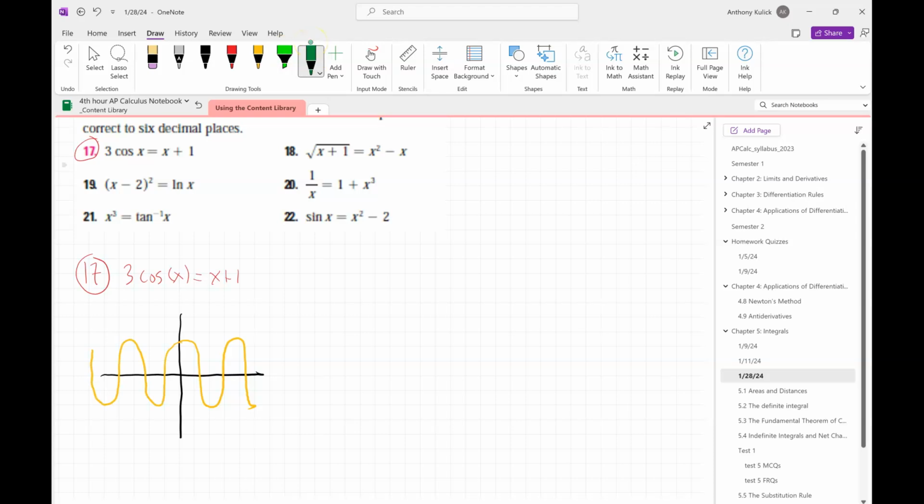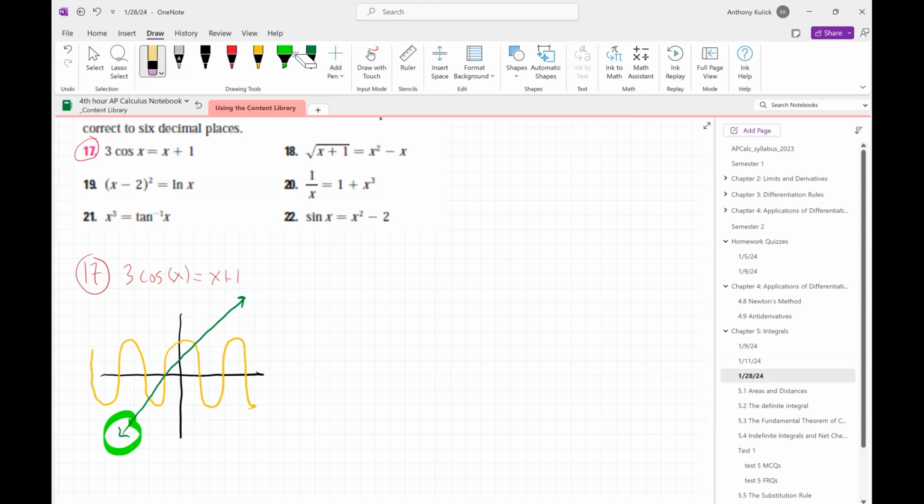And if I graph x plus 1, that's going to look like something like that, right? So just from an eyeball standpoint, it looks like you're probably not going to get more than 3 solutions out of this. And any solutions I find are going to be relatively close to 0.